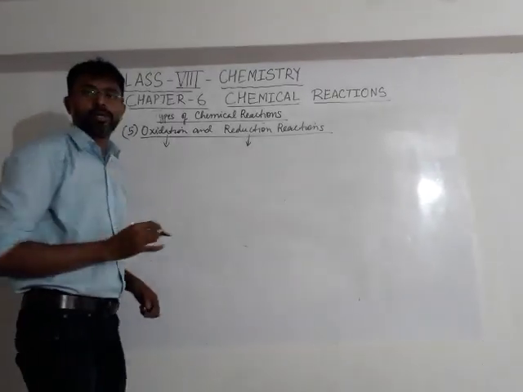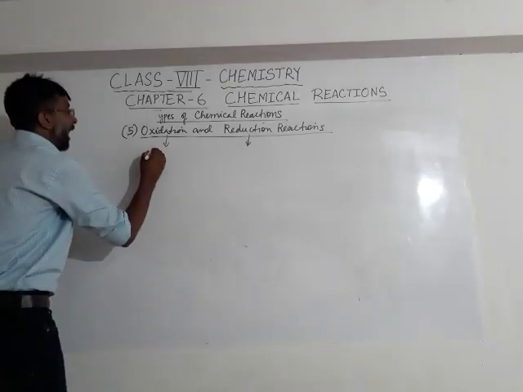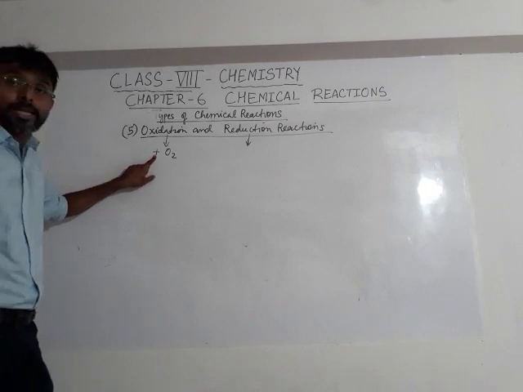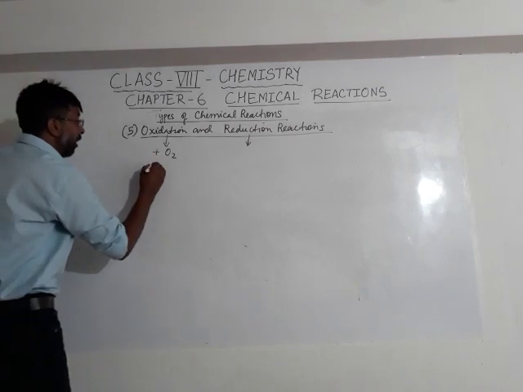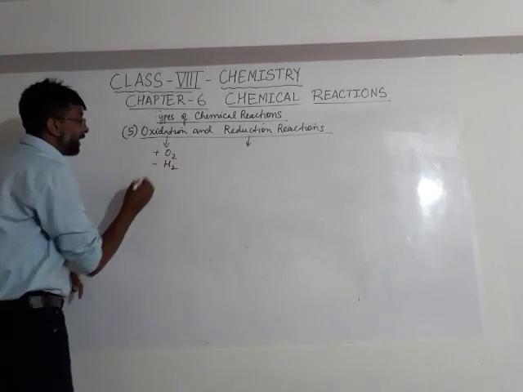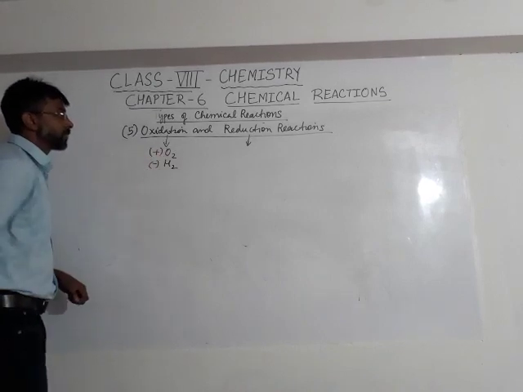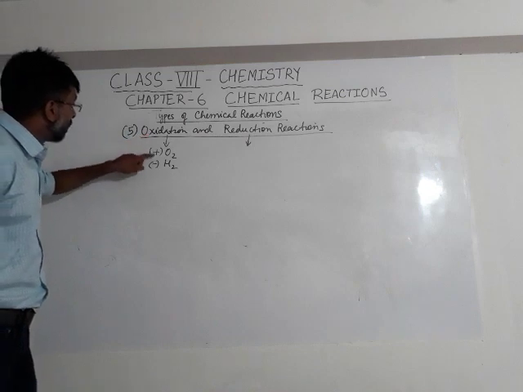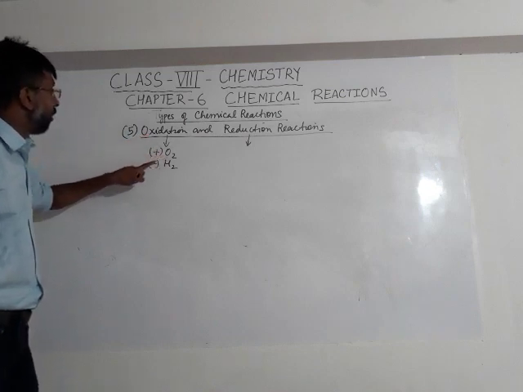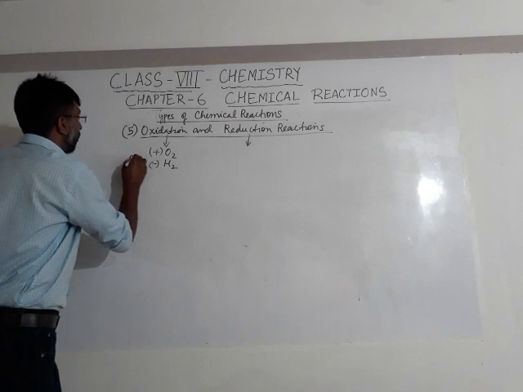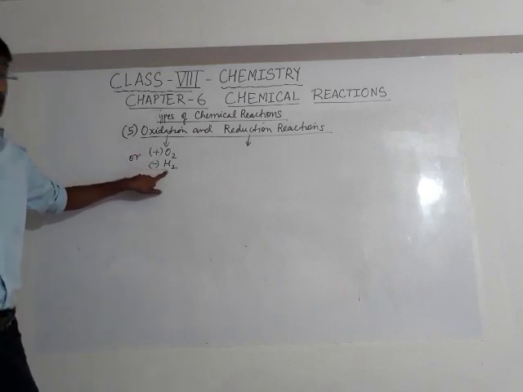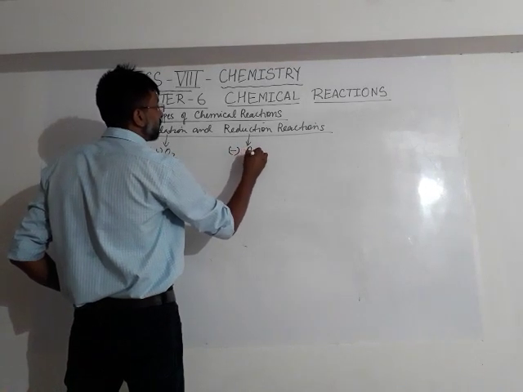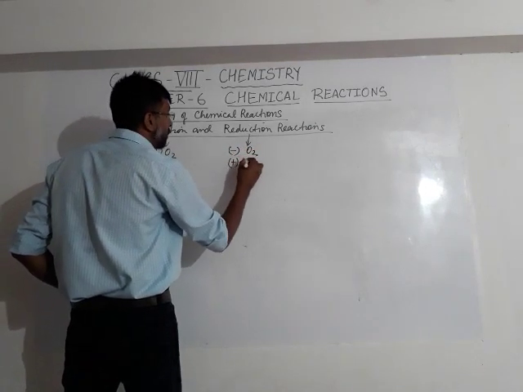What is the meaning of oxidation? Oxidation means addition of oxygen, plus sign, or removal of hydrogen, minus. This is a very important concept. Oxidation means addition of oxygen or removal of hydrogen, whereas reduction means removal of oxygen or addition of hydrogen.